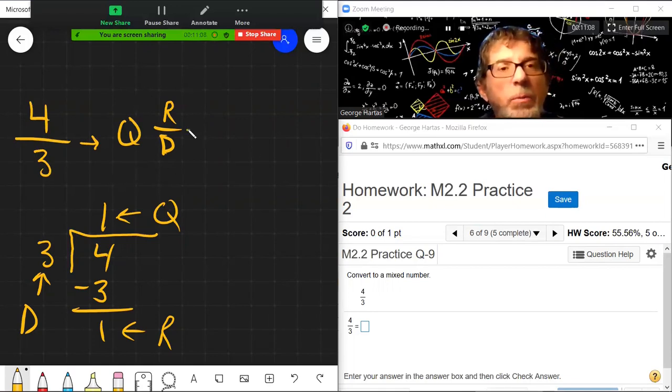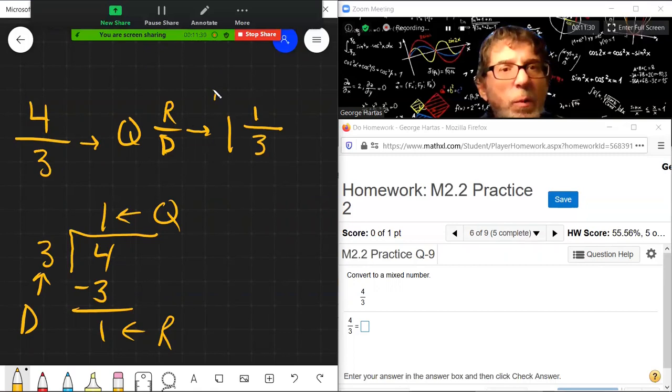All we have to do now is plug these numbers into this template. Q is 1. R is the remainder, that's 1. D is the divisor, and that's 3.